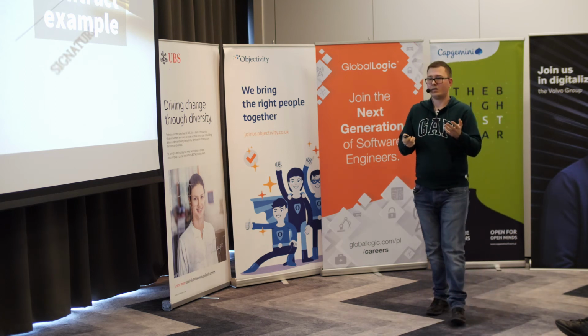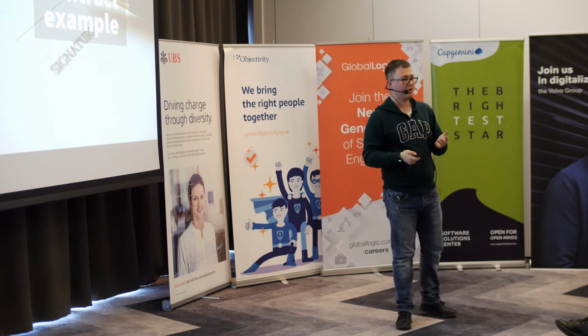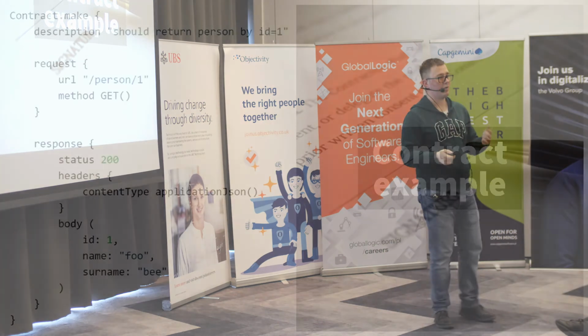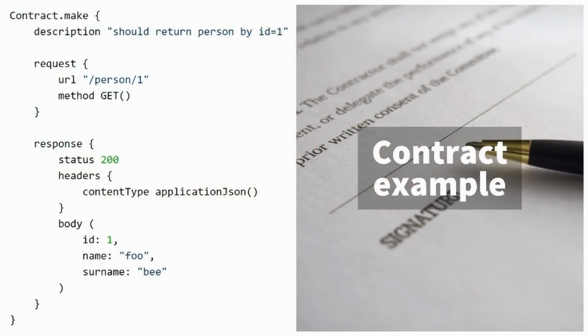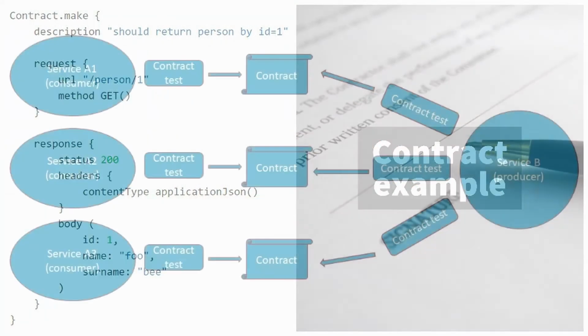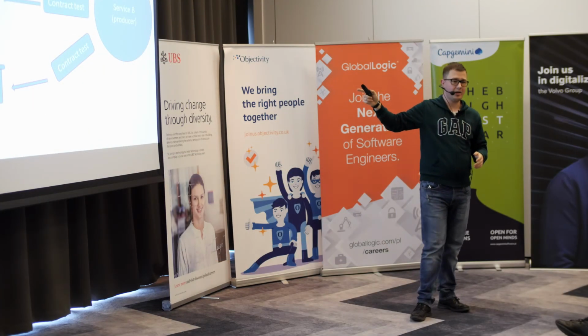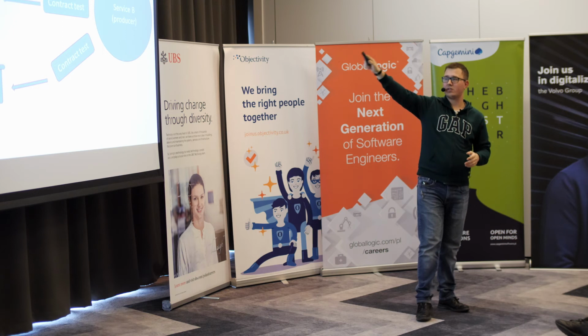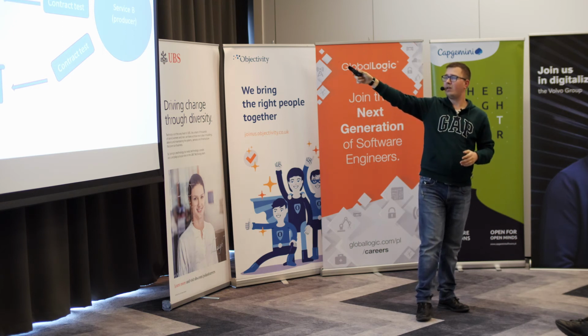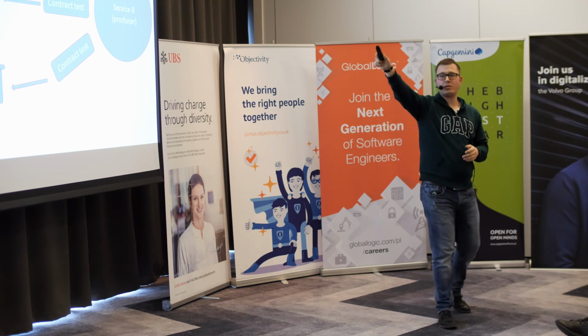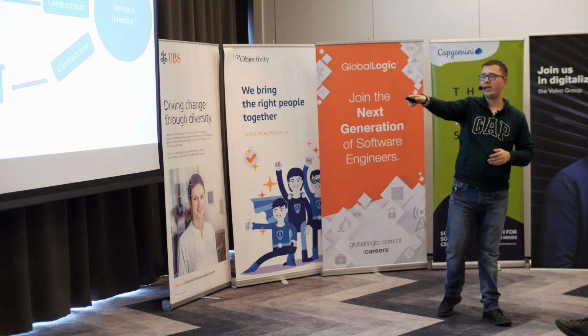What will it actually bring us? How does it improve our way of testing? What we get in the end is a lot of contracts and a lot of business services. So how is it used in practice? When, for example, service B wants to change its API, and according to this scheme, service B is used by 3 services, A1, A2, and A3.